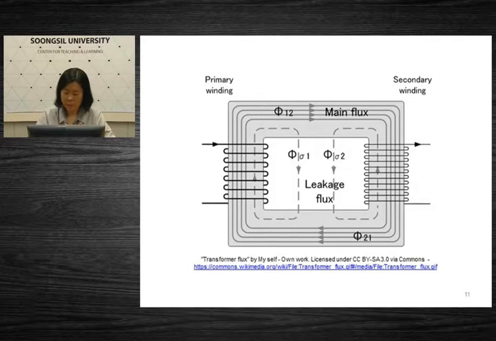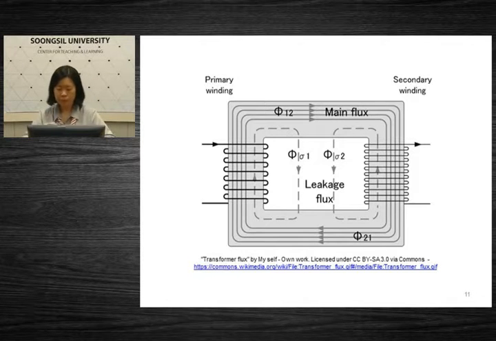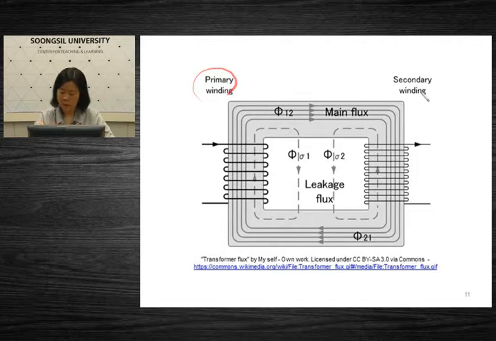So now let's look at the next subject. This is the plot of a usual transformer. We have the primary winding, we have the secondary winding, and magnetic flux is going through the core.